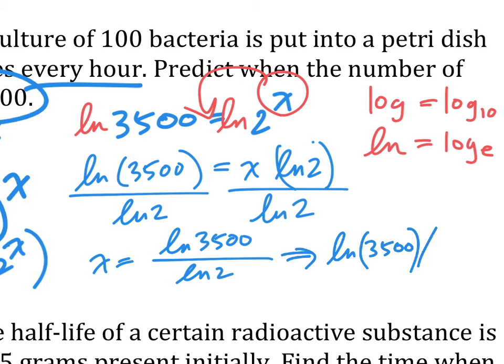So this is not correct. Make sure you close parentheses, and then divide by natural log, and open parentheses again, and then 2. If it's the last thing you do, then you don't have to close the parentheses. But if you have something to type after that, then you do need to close the parentheses. Okay, anyways, the answer is about 11.77, and this is hours.